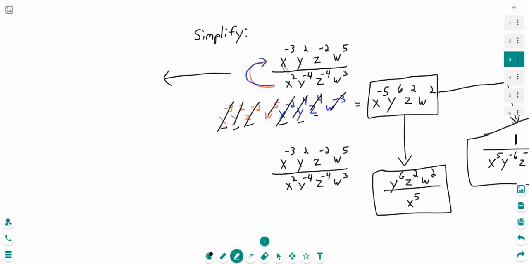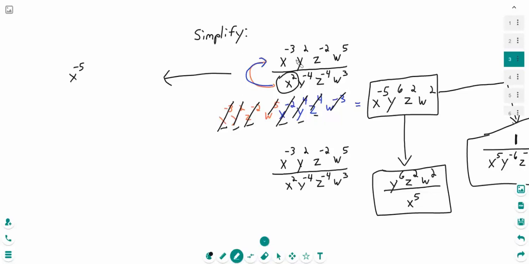This numerator is completely simplified, and in the denominator, again, it's completely simplified. So now I could just look for things to start crossing out. I have x to the negative 3 right here. Do I have any x's in the denominator? I sure do, this one right here. Let's move it up into the numerator. That would give me x to the negative 3 and an x to the negative 2, because the sign changes, and that's going to give me x to the negative 5.